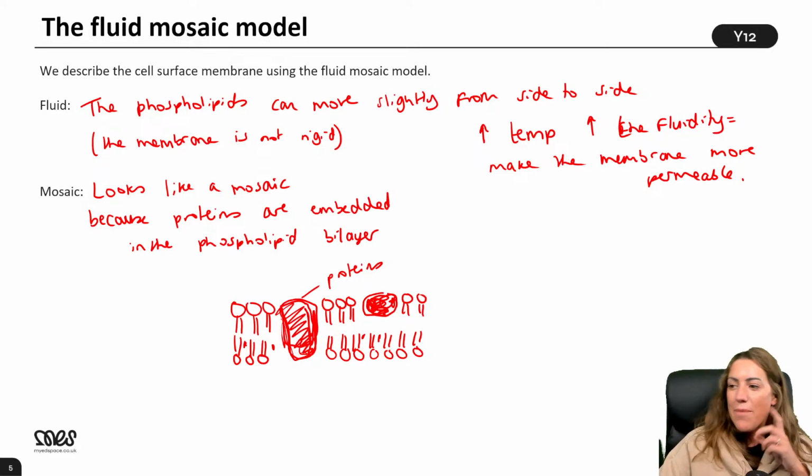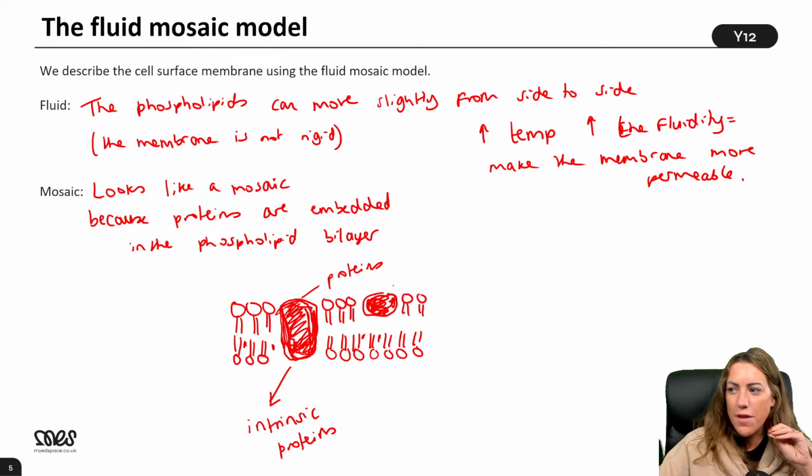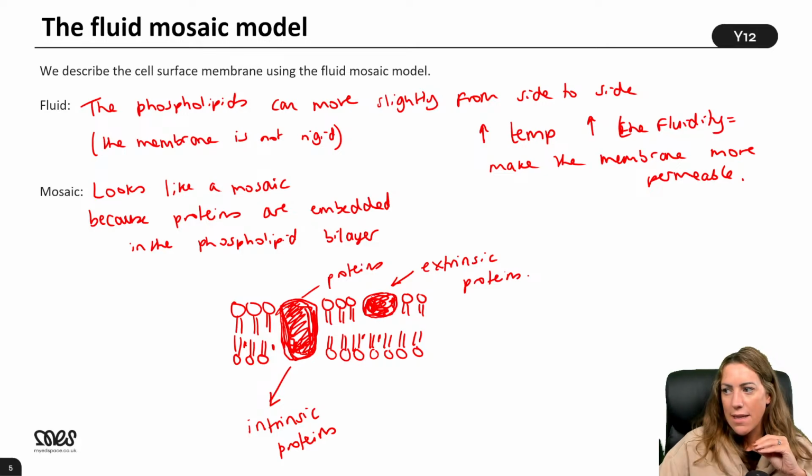Okay. I just want to give you another piece of vocab, if you're comfortable. Some of the proteins are what we call intrinsic proteins, and some of them are what we call extrinsic proteins. Now, based on how I've drawn them on my diagram, does anyone think they know what the difference is between an intrinsic and an extrinsic protein?